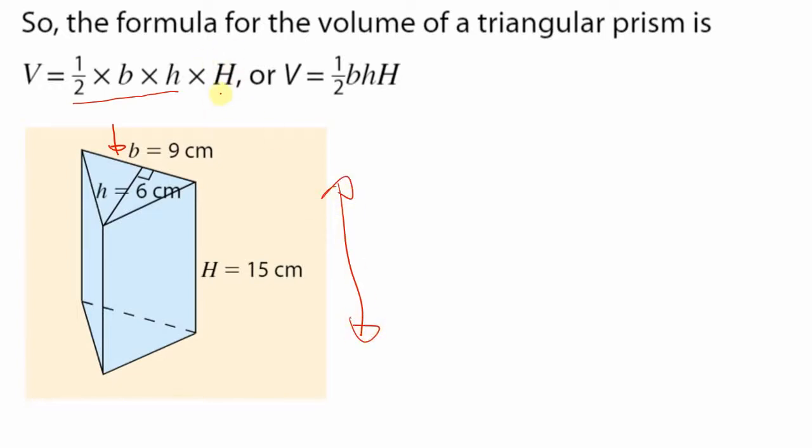In this case we use a big H for the perpendicular height, as we already used the small h for the perpendicular height of the triangle, whereas this is the perpendicular height of the whole shape. That's why it's the big H. So now we can simplify, because multiplying is the same as just writing letters next to each other. So it's half b times small h times big H.